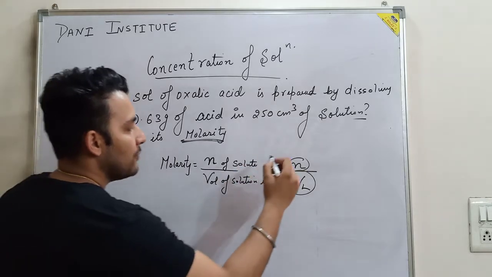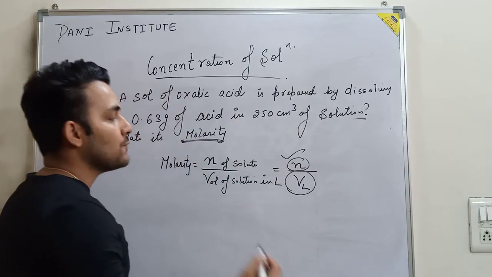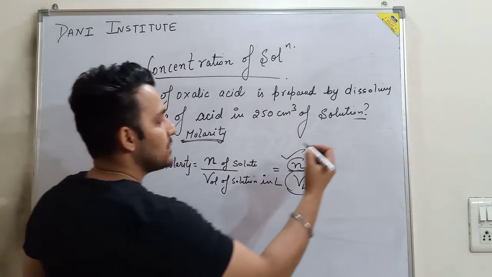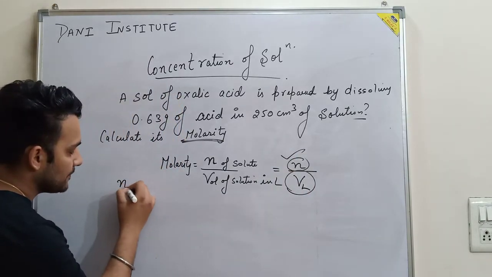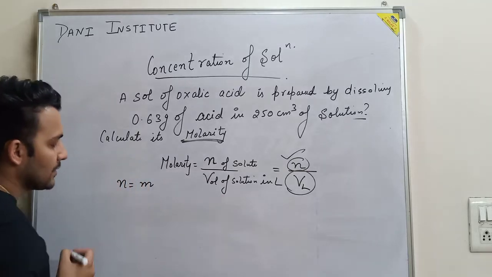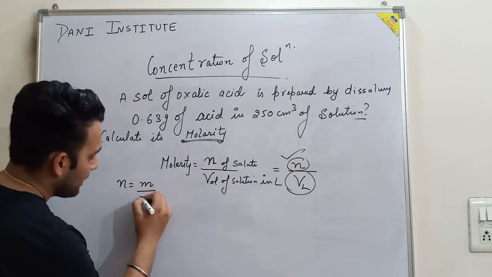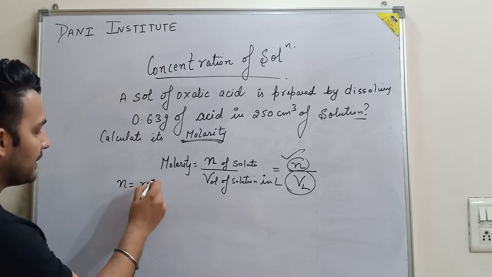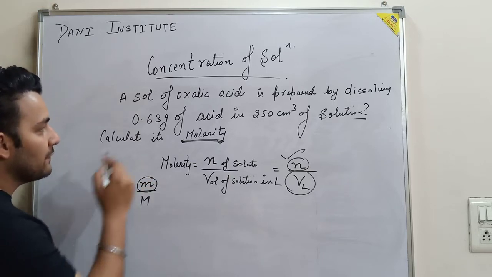Now firstly we have to find what? n. n is what? Number of moles. To find the number of moles we have a formula, small m by capital M. Small m represents what? A given mass.